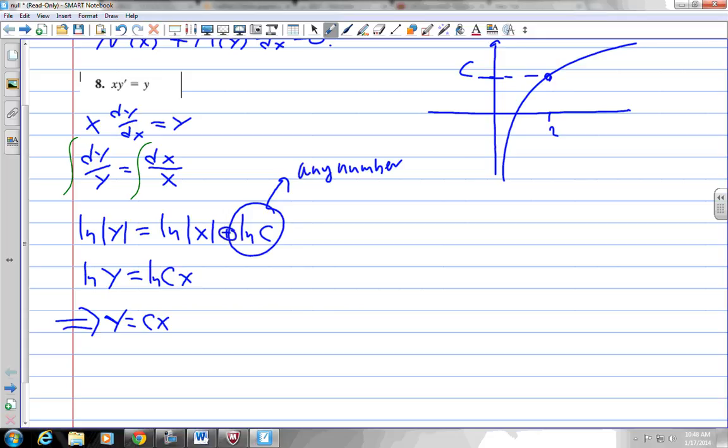Well, I mean, if we keep the absolute value, you'll get some, well, I should probably do it all the way. I mean, what do we end up with? y equals plus or minus cx? Is that kind of what you get?